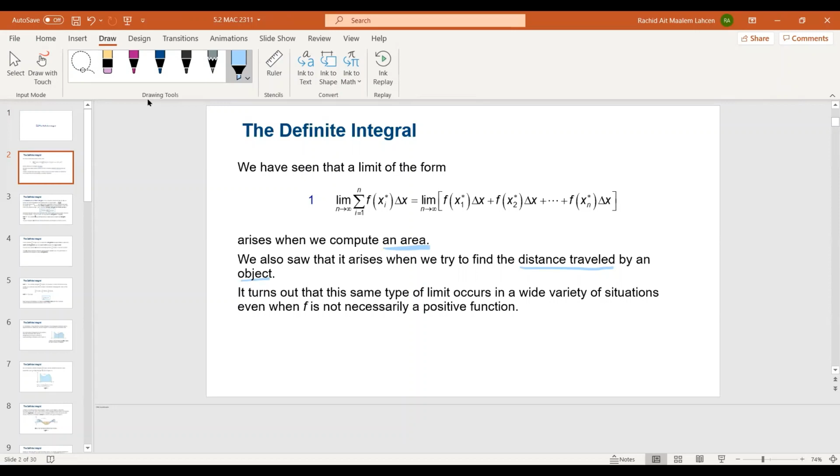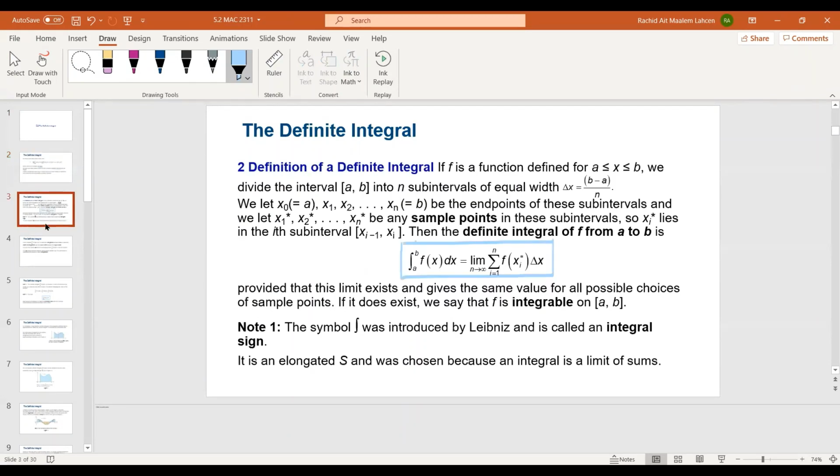It turns out that this same type of limit occurs in a wide variety of situations, even if it's not necessarily a positive function. So here we'll define the integral by having a function defined on a, b, a closed interval, and we divide the interval into n subintervals, the ones we call strips, with the width of b minus a divided by n.